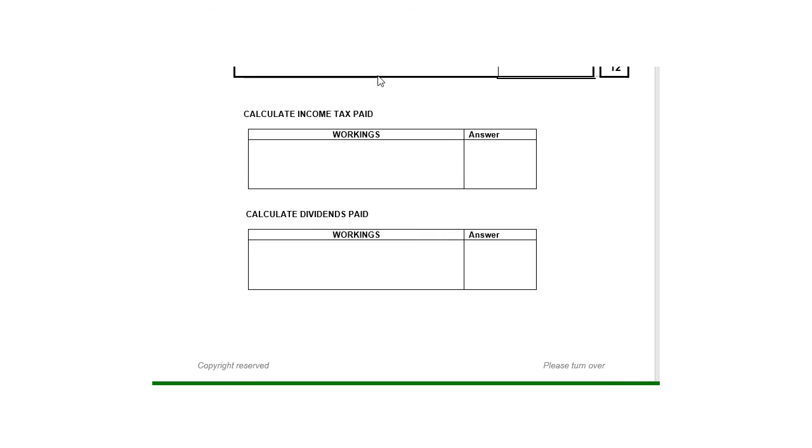So I took the 293,100 and I minus 21,800 and I minus 11,300, and that gave me the balance at the end, or the payment, 260,000. So that is how I would do the calculation of the income tax.